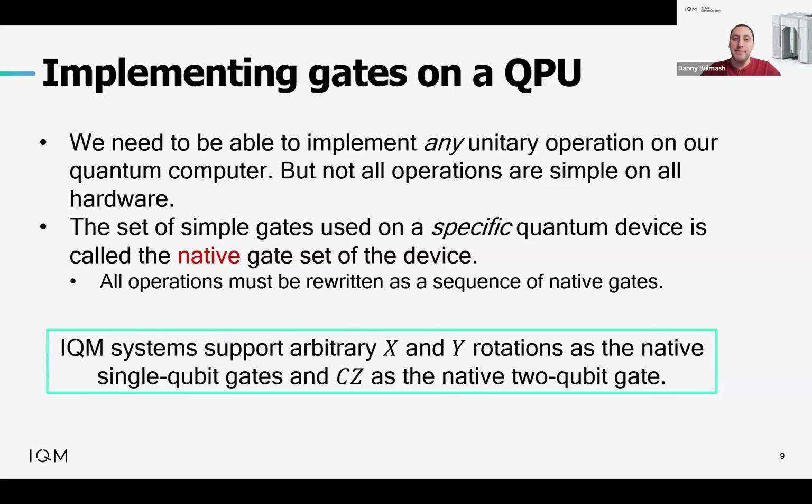There's a set of simple gates that a specific quantum device uses, and these are called the native gate set. And they're the things that the software that's controlling the QPU actually knows how to implement.